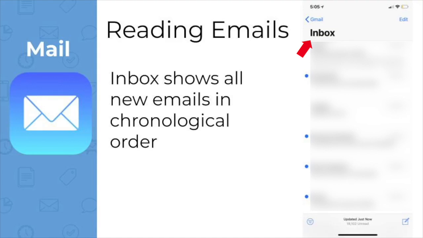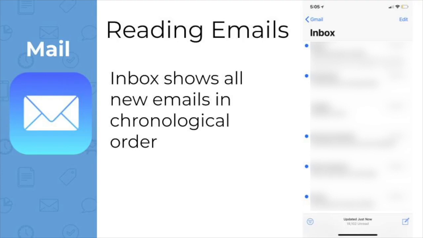It will show you again in reverse chronological order all of the emails that have been sent to you. Any email that has a blue dot next to it means that you have not yet read it. Any email without the blue dot means that you have clicked on it at least one time. From the inbox screen, you can access in more detail any of the emails that you see.